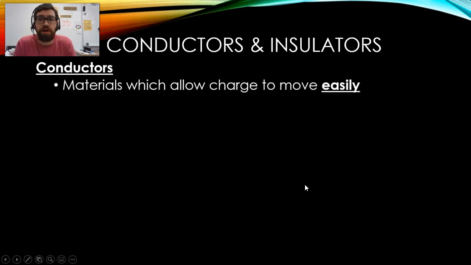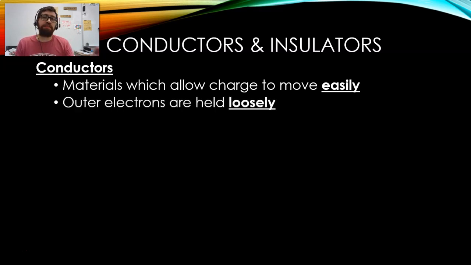To start to talk about transferring charge, we need to talk about conductors and insulators. A conductor is a material that allows charge to transfer or move from one object to another or from one molecule to another very, very easily. And you really need to know, this is very important, that the reason for this is that its outer electrons are held very loosely. We've already established that it's the electrons that are involved in electricity.